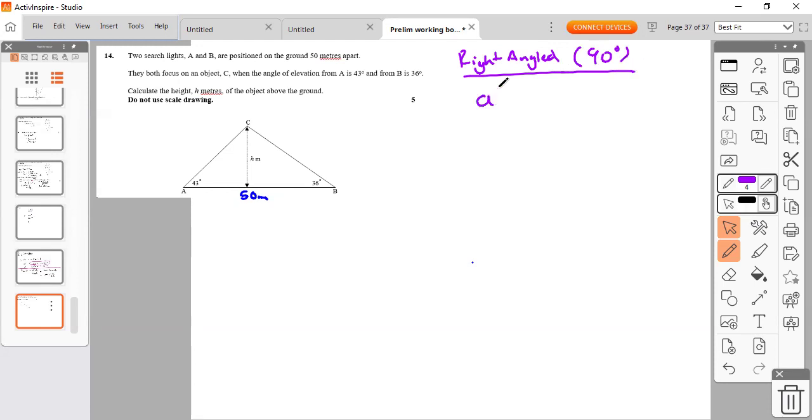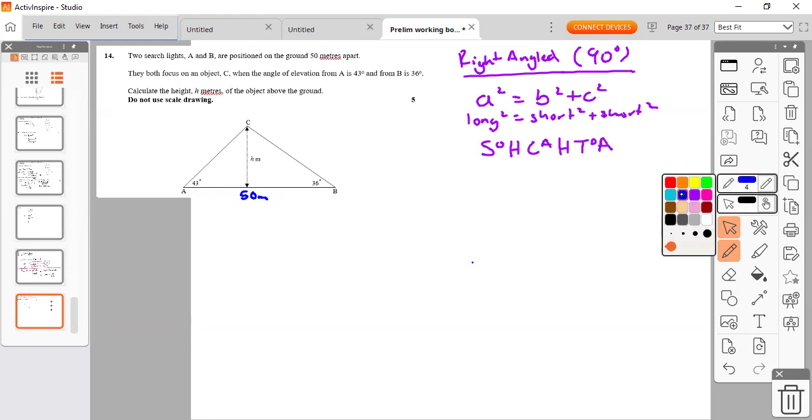The rules for right angled triangles are a squared equals b squared plus c squared, or the long side squared equals the two short sides squared, or it's our SOHCAHTOA rules. Those are only to be used when it's a right angled triangle.